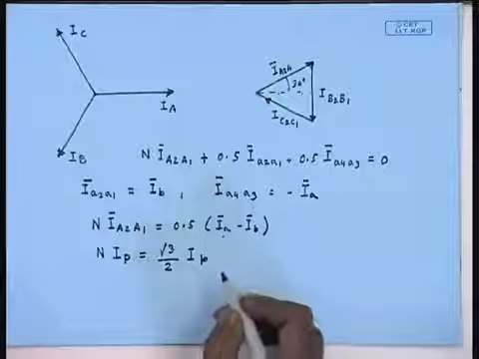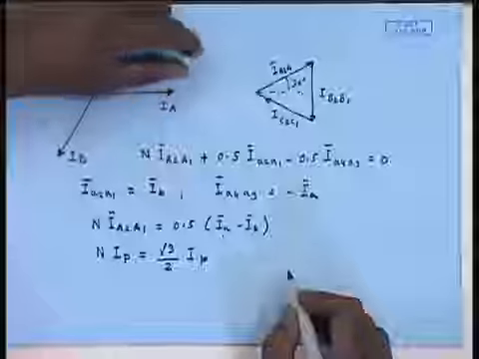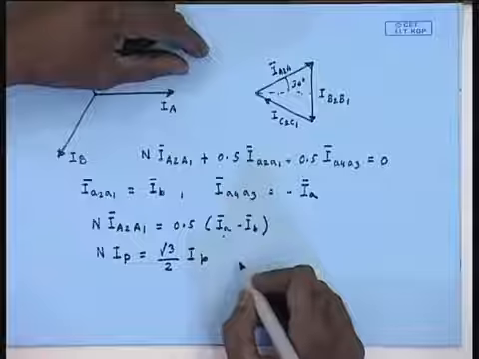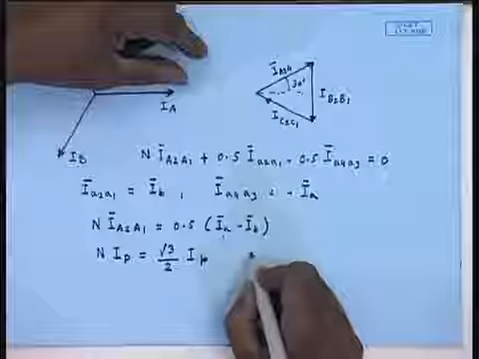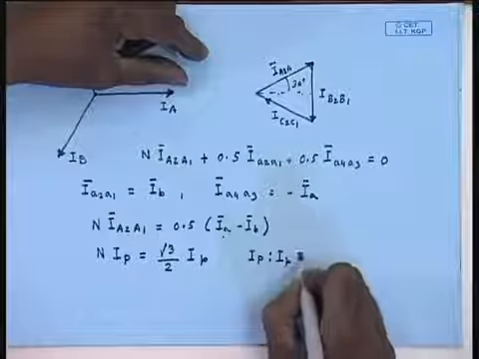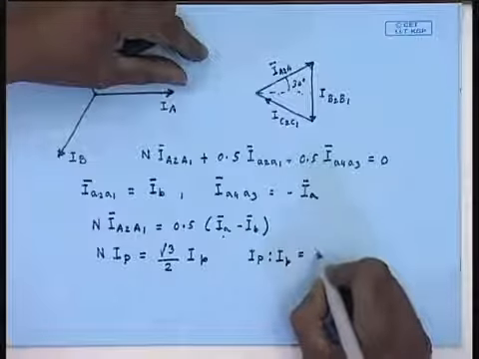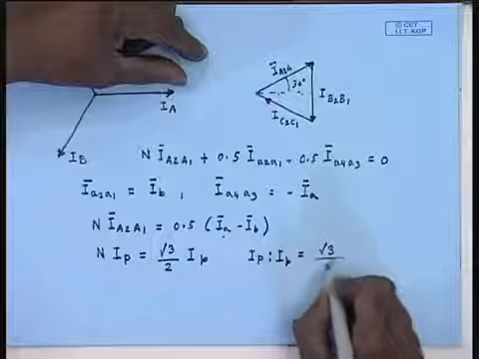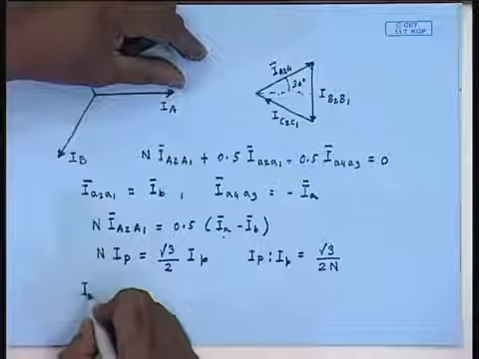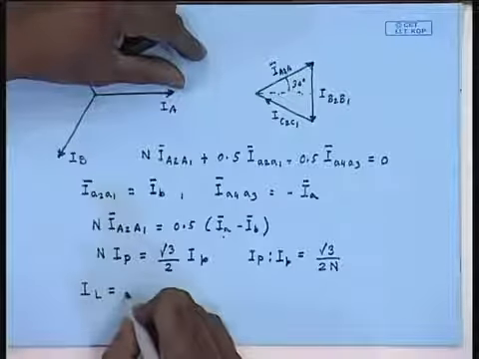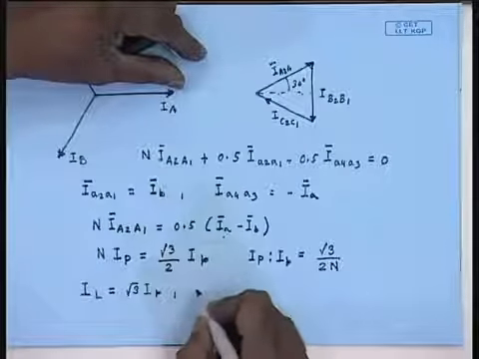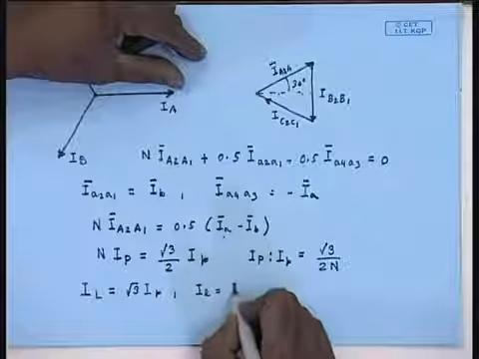Hence, we have IP is to IP equal to root 3 by 2n. But on the high voltage side, IL equal to root 3 IP, and on the low voltage side, IL equal to IP.